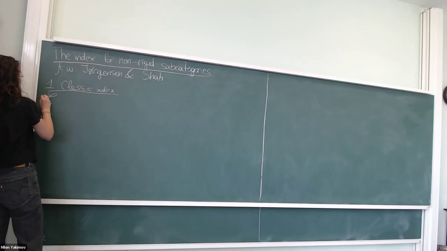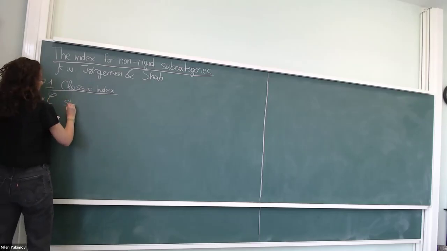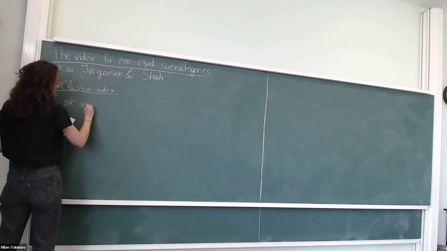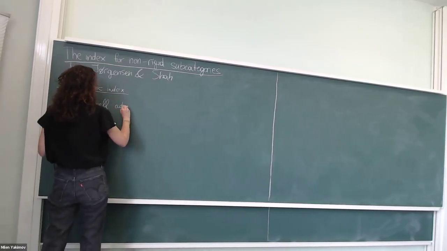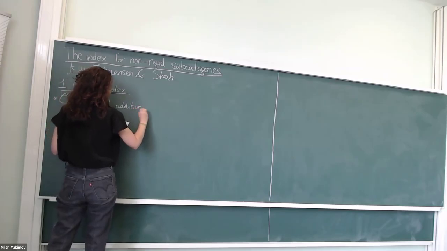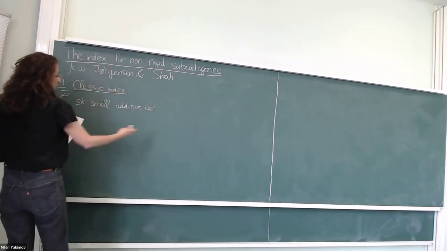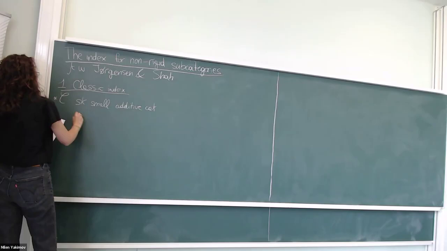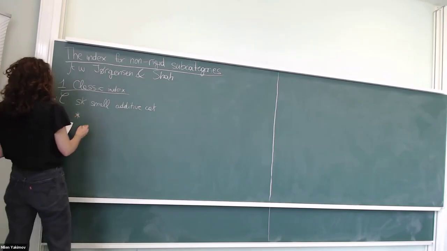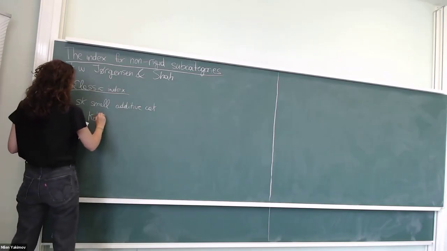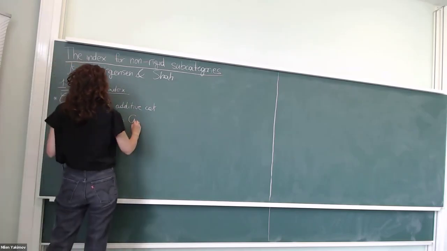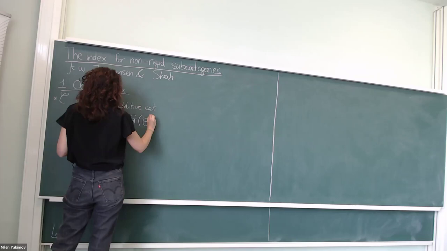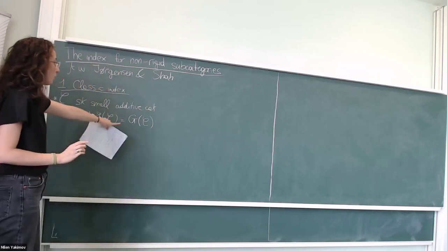So for this talk, C will be a skeletally small additive category, so just a nice enough additive category, and then at some point it becomes triangulated. So the split Grothendieck group with respect to such a category, as maybe you all know, is the free abelian group on the isomorphism classes of the objects.